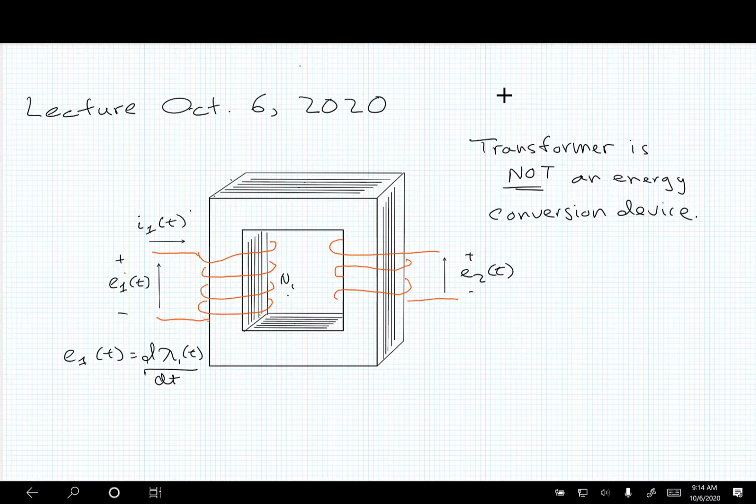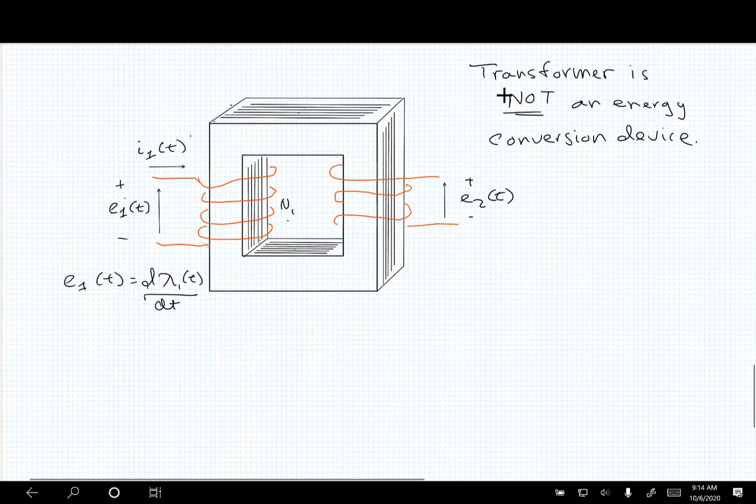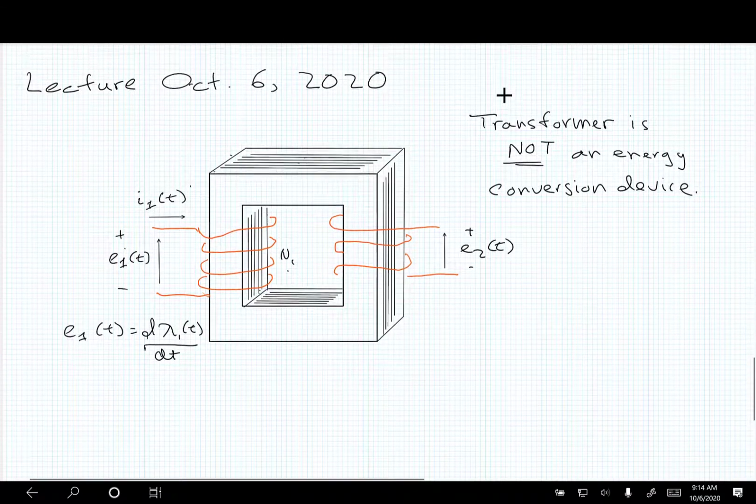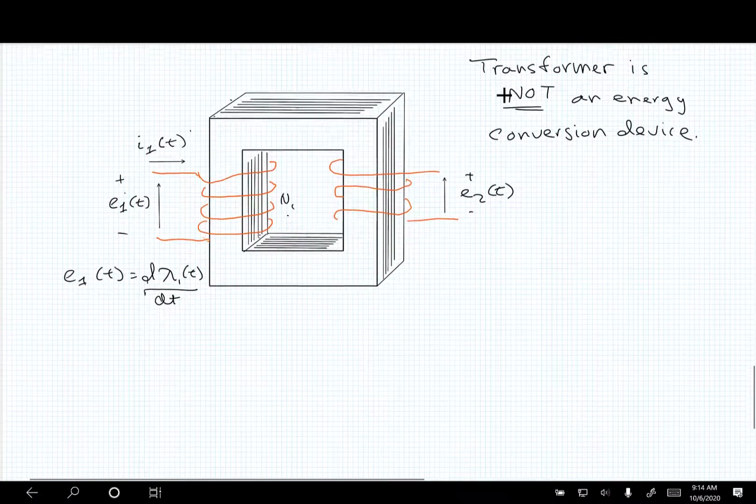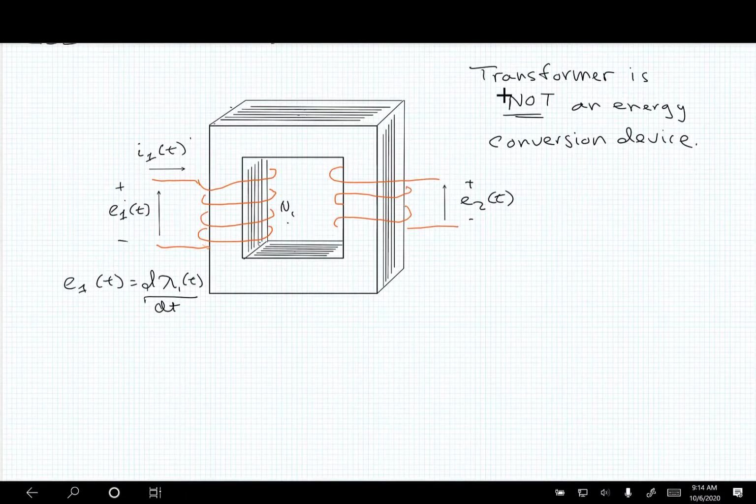And now this transformer structure could be a very general electrical representation of the transformer. It looks like this, and I'm sure that many of you have seen this symbol in schematics, for example, and there are these little dots at the top of it.